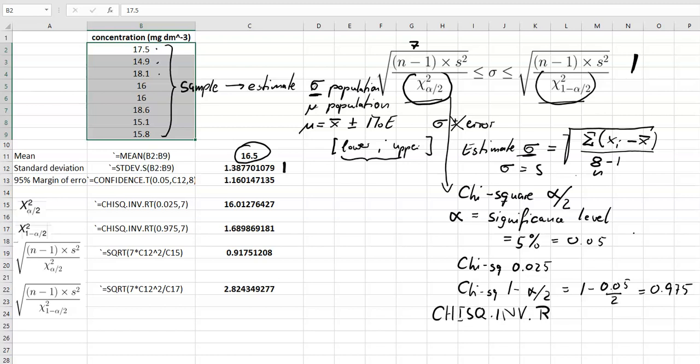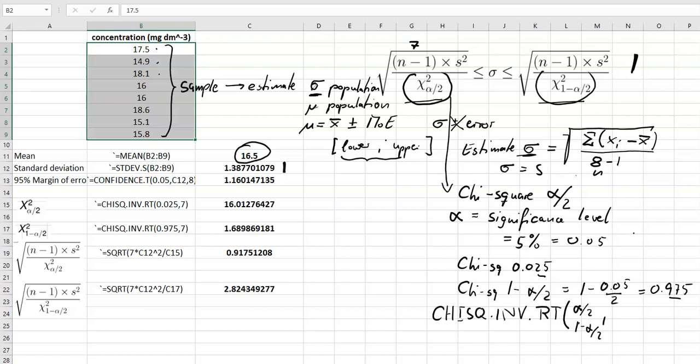Now the chi-square.inv.rt function in Excel that we can use to calculate these values takes two parameters. First, it takes our significance level, so that would be either alpha half or 1 minus alpha half. That's what we just calculated here.